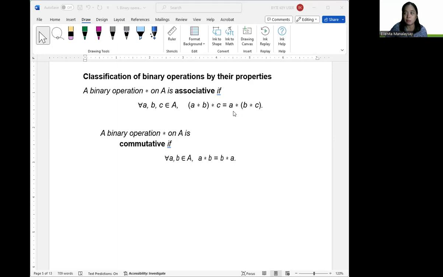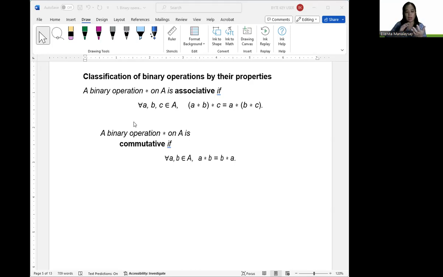Say for example, if set A is the set of real numbers, and we consider star to be the ordinary multiplication and ordinary division, then it is associative because the associative property holds on the set of real numbers.